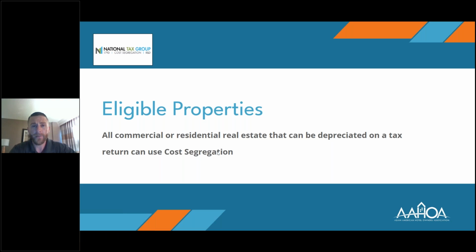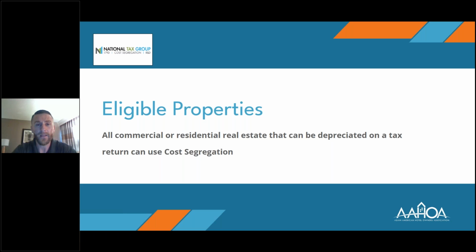So as far as eligibility, I work with many AHOA members that are in more than just hotel spaces. They also own commercial and industrial properties, multifamilies, and single-family rental properties. Cost segregation is available to you on anything that you're able to depreciate for business purposes.